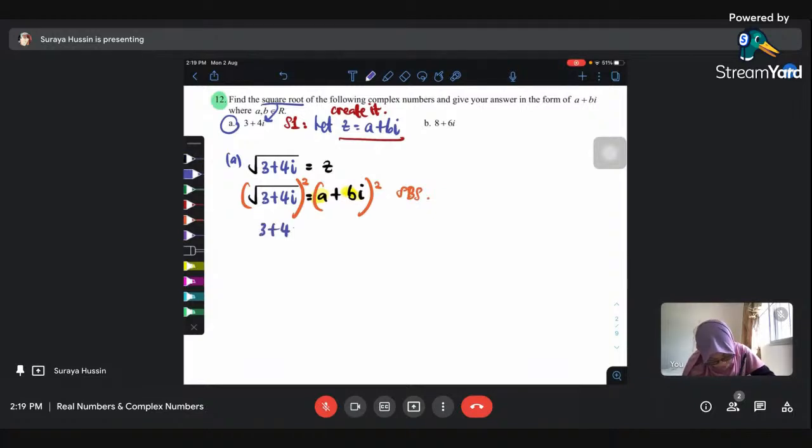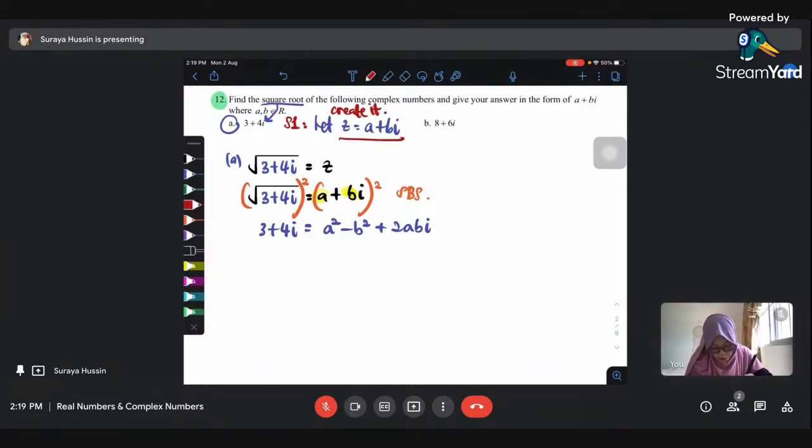3 plus 4i is equals to A plus BI, all squared, which is A squared minus B squared plus 2ABI. Saya buat laju sedikit ya. I'm short of time. Bukan apa, sebab saya tak cukup masa. I have a lot of questions to discuss with you.